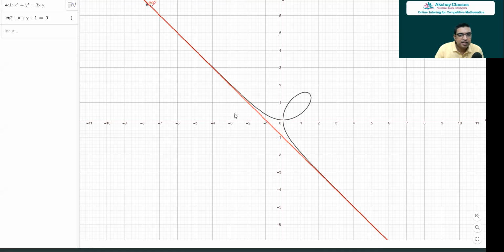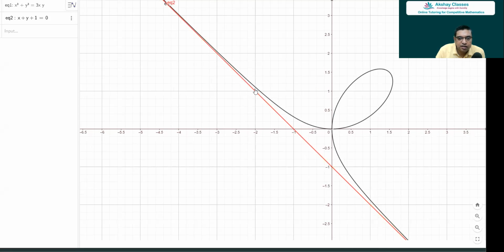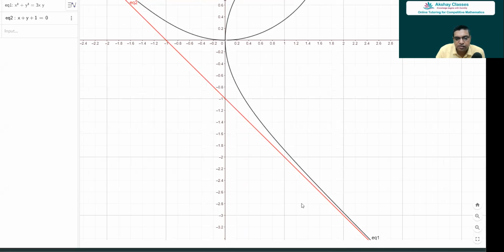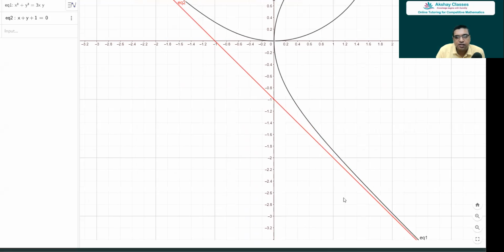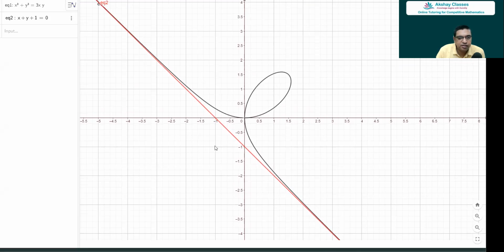So see, this line is asymptotic to this curve. You go more and more closer, you can see this curve is getting closer and closer to this line, but it will never touch. So what we found, the asymptote is right.